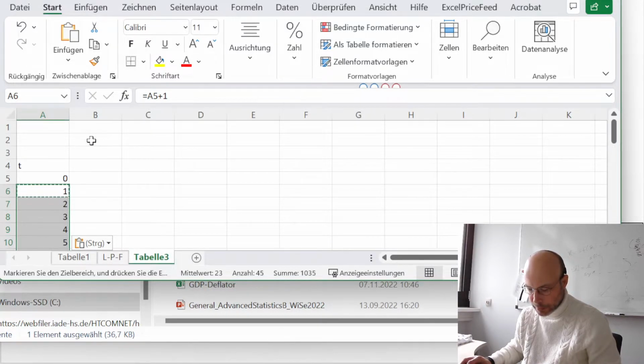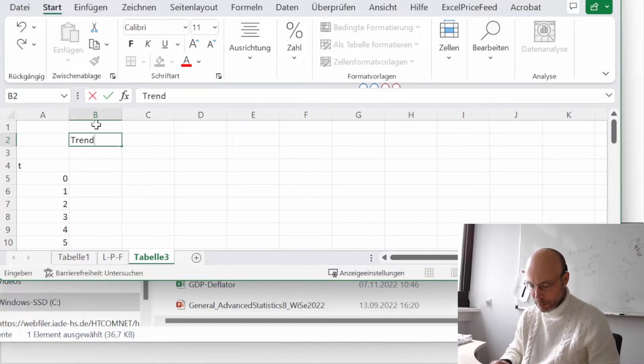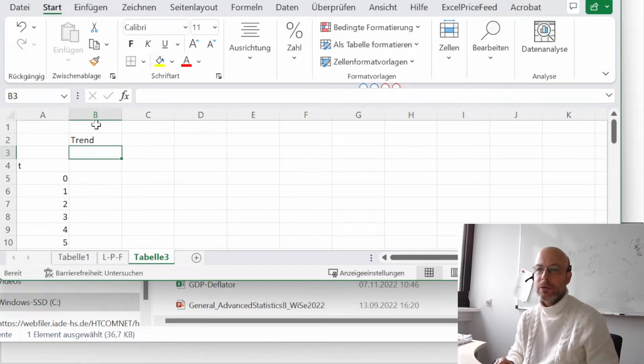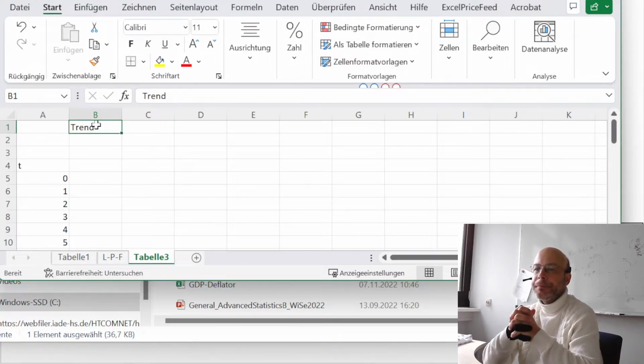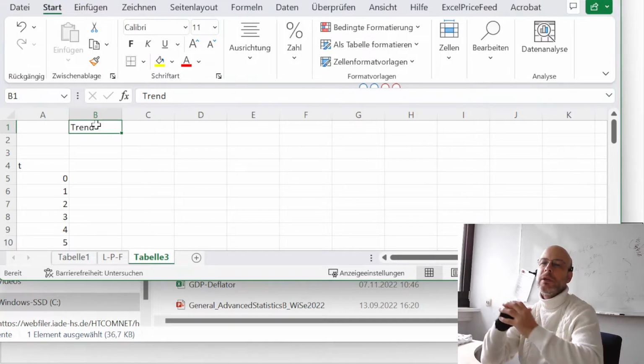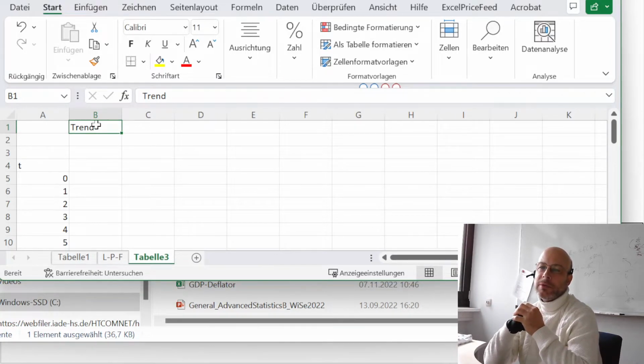So, and then let's create a trend component. How can we obtain a trend component? What would be the mathematical function which we use if you want to create a long-term trend with constant growth rate? Do you have an idea which kind of function we can use?